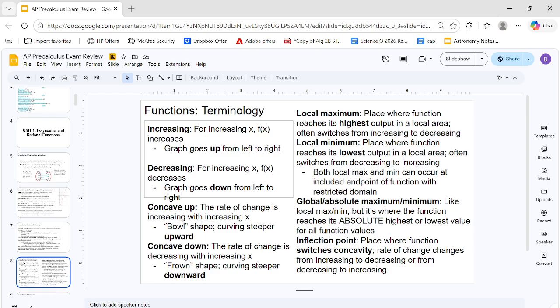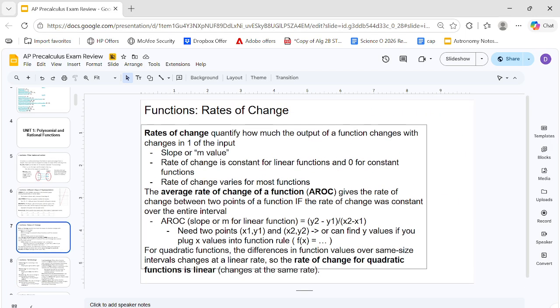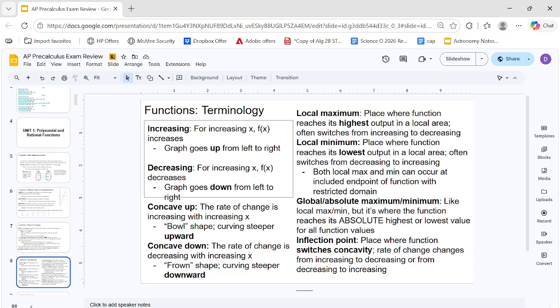So here's some terminology. If it's increasing, the graph goes up from left to right. If it's decreasing, it goes down from left to right. Concave up is kind of like a bowl shape, and concave down is a frown shape. Concave up just means that the rate of change is increasing, and concave down just means the rate of change is decreasing.